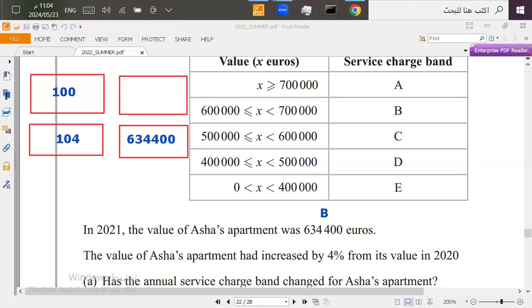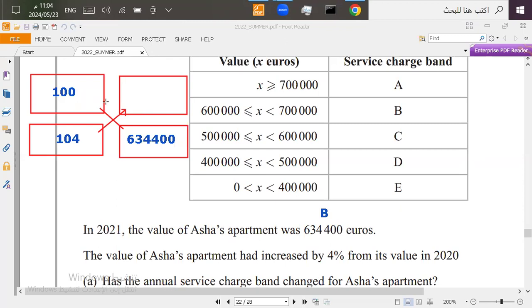Now we're trying to find the original value and see if it's in the same band or not. So we're going to multiply these numbers and then divide them by 104 so we can get the original value in 2020. So 100 times 634,400 and then divided by 104.